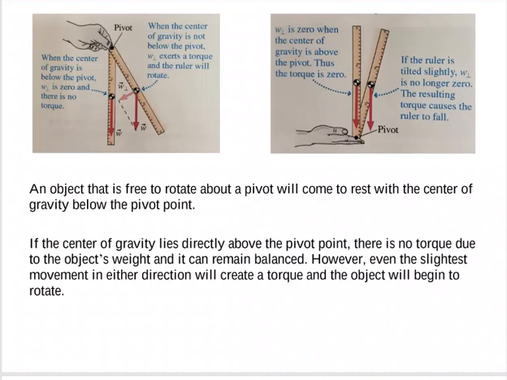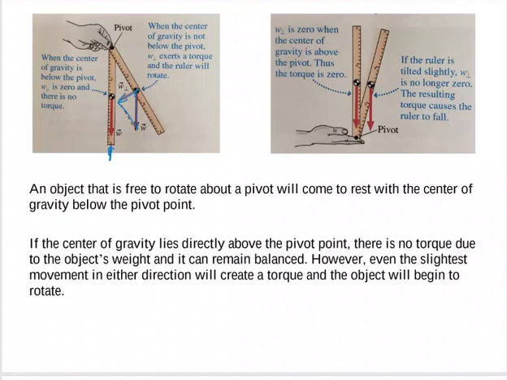But if the center of gravity is not below the pivot, then we have some component here where we break the weight into components. Then we do have a torque, and the ruler or meter stick is going to turn. It's going to seek this state right here where there is no torque.